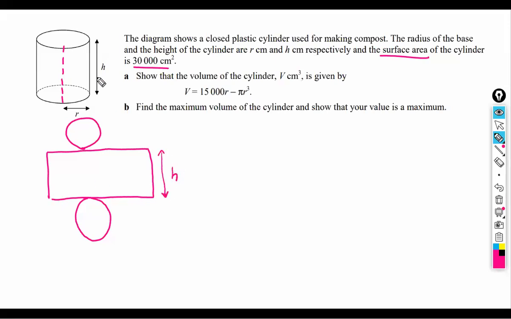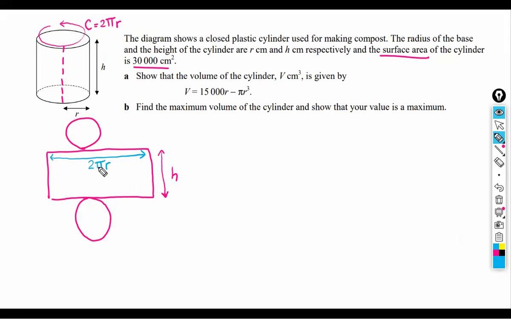I think that's the easiest part to understand. Remember, the distance around a circle is the circumference. Circumference is 2 pi r according to regular boring maths. So from here to here is the circumference. We're just unwrapping the circumference. So it's 2 pi r.